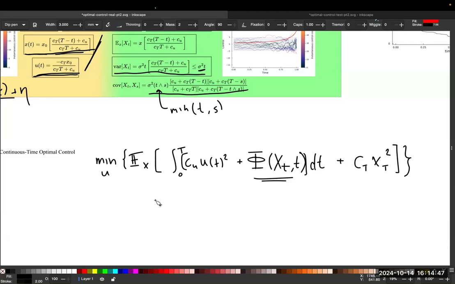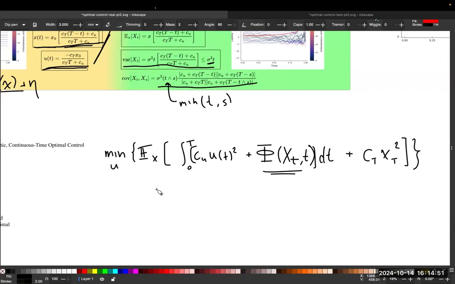So this is our new optimization problem. We have to say what our dynamics are, and we're going to stay in the steered Brownian motion paradigm that we were looking at last week. So we're going to have dynamics of the form dx_t equals u dt plus sigma dv_t. So it's the same sort of diffusion process that we had last week.